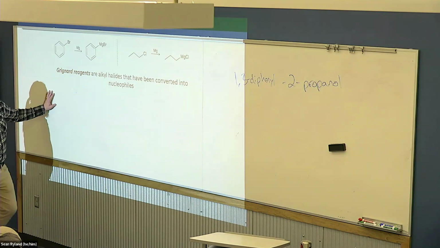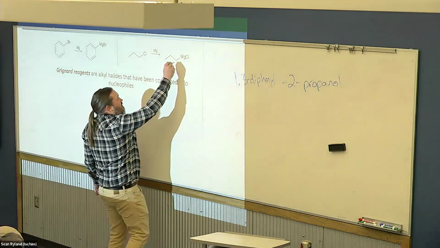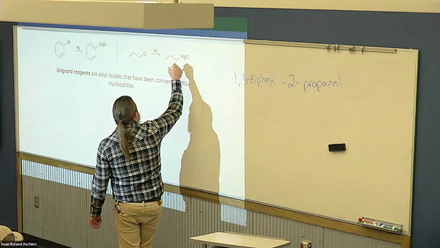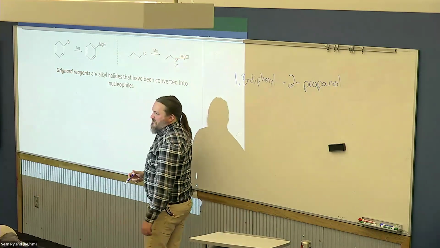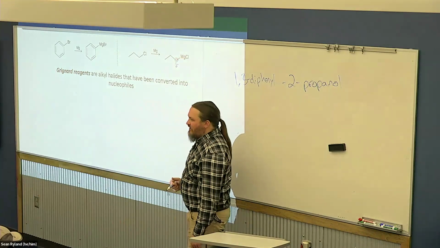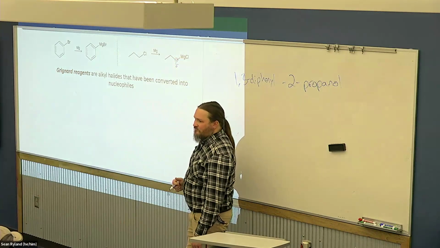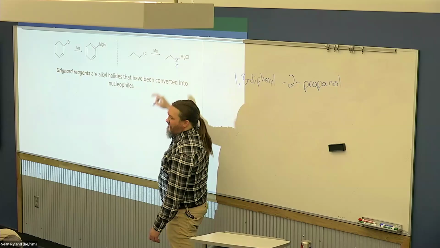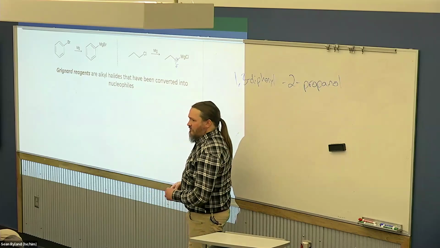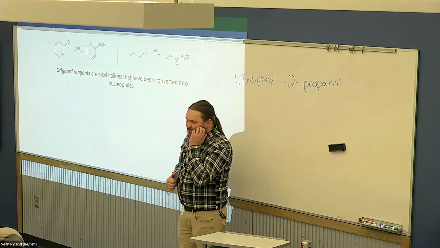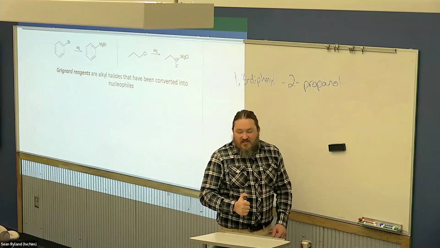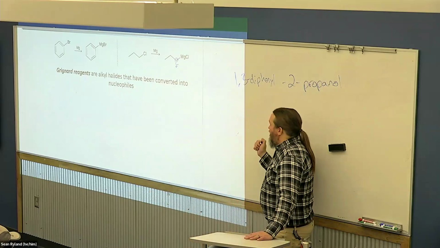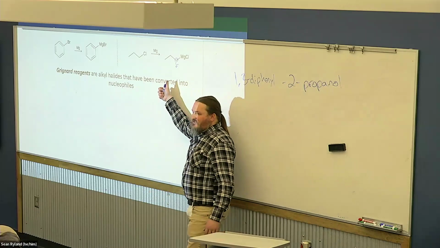But once we have this, we get a strong partial negative on the carbon that's directly attached to the magnesium, and now it's a nucleophile. Not only is it a partial negative, the magnesium bromide is a really good leaving group. So you can see how this winds up being really helpful, because one, it doesn't do rearrangements.